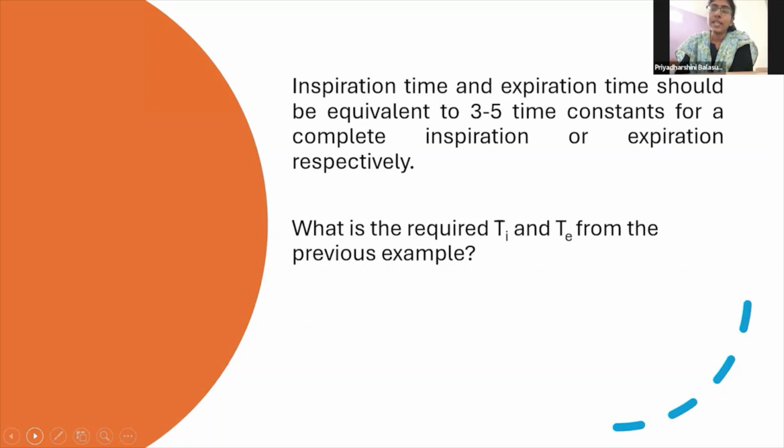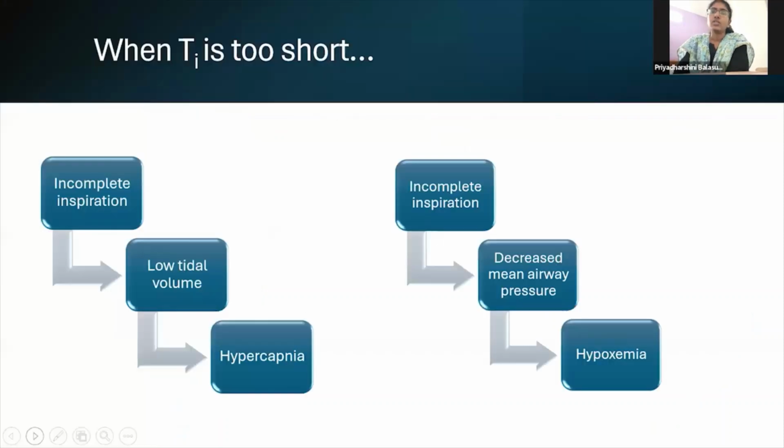So for the appropriate TI and TE should be somewhere between 3 time constants to 5 time constants, which is 3 into 0.09, which is 0.27 second to 0.45 seconds. So TI and TE anywhere between 0.27 to 0.45 seconds will lead to complete inspiration and expiration in this baby.